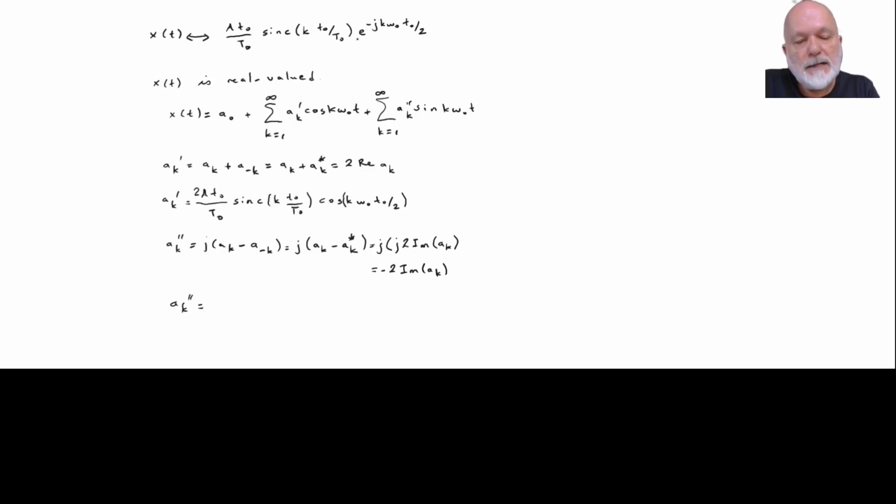The only complex quantity is the complex exponential, and its imaginary part is minus sine k omega 0 t0 over 2, and we have another minus sign, so we have 2a t0 over capital T0 sinc k t0 over capital T0 sine k omega 0 t0 over 2.